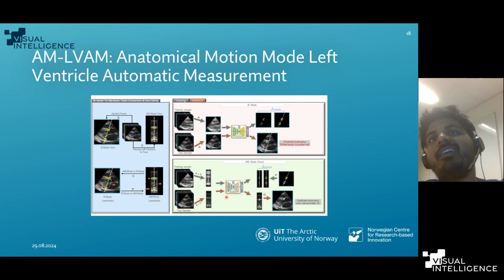So in this way, this method is semi-automatic. It's not fully automatic because the user needs to provide the input where they want to measure the landmarks, and the model performs the LV measurements by placing 4 landmarks across the line.